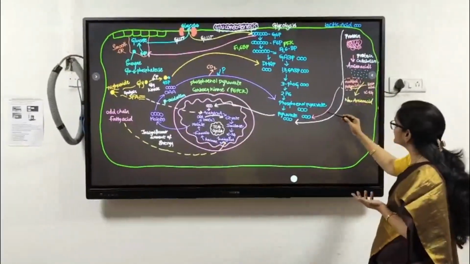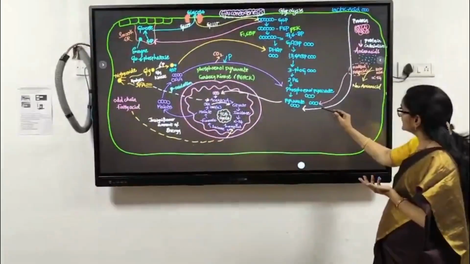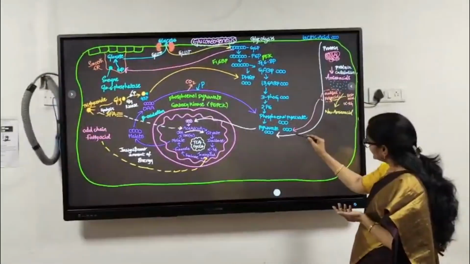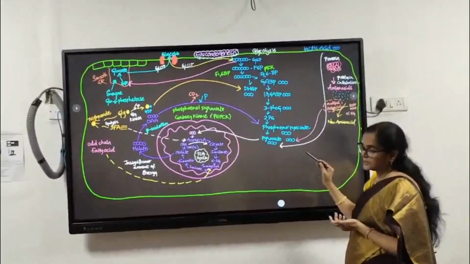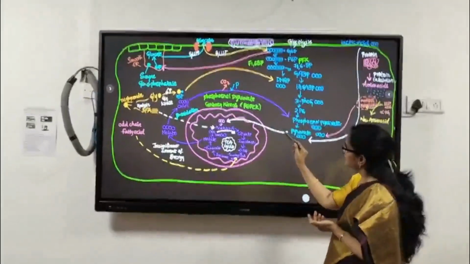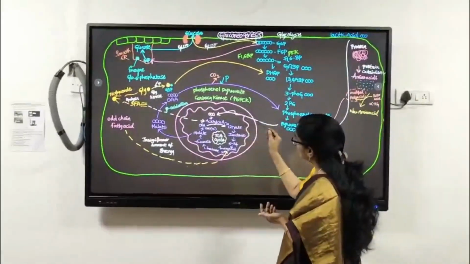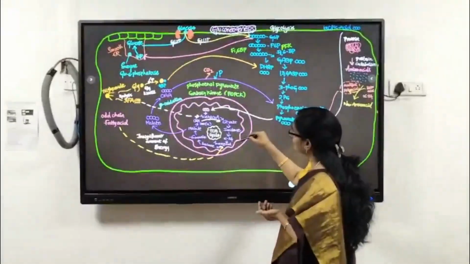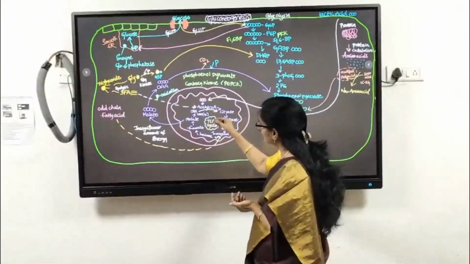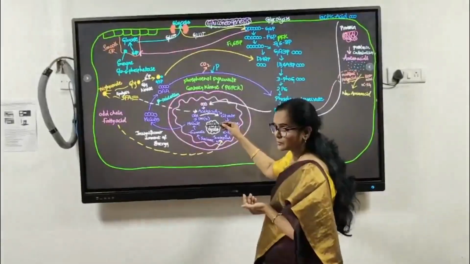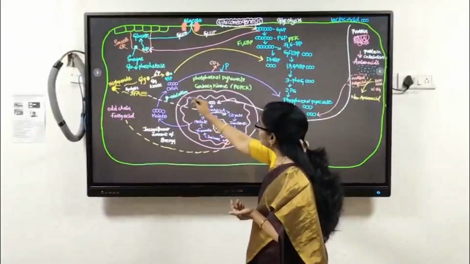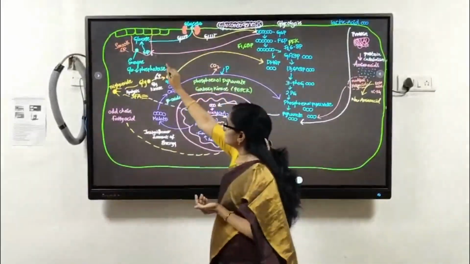So these modified amino acids, like alanine and glutamate, are going to form pyruvate, and then that pyruvate enters the mitochondrial matrix and, by taking the backward reactions of glycolysis, ultimately gets converted to glucose.